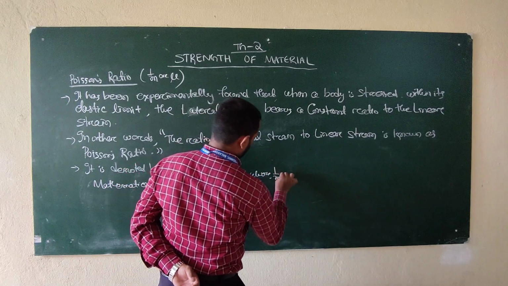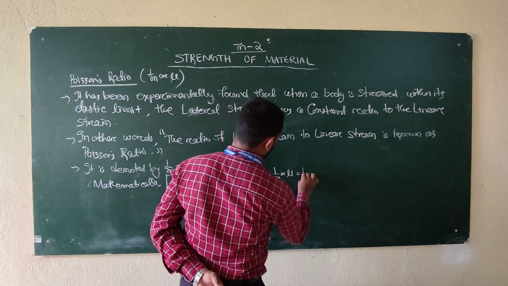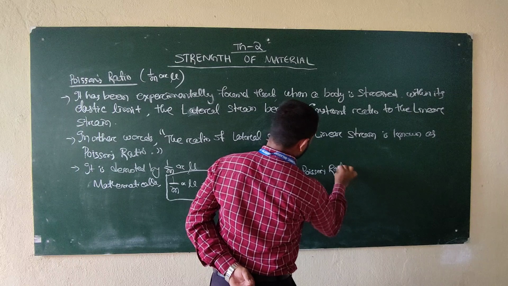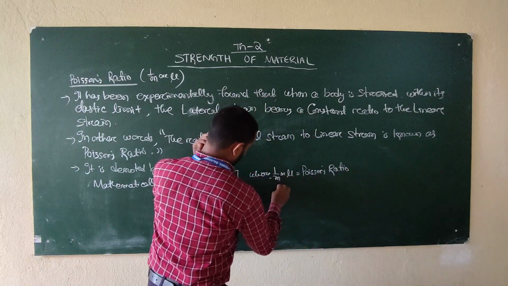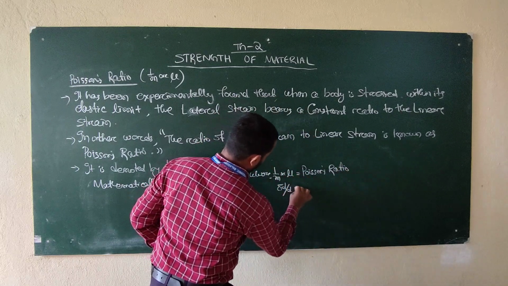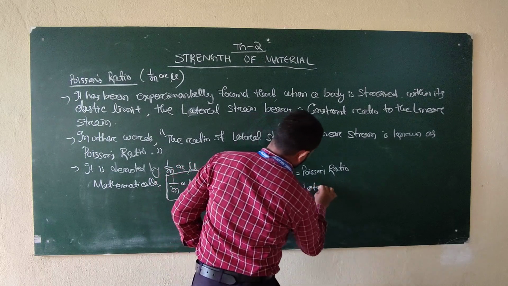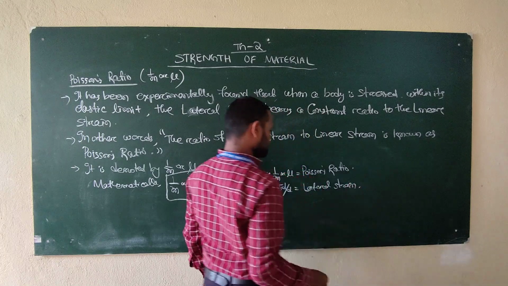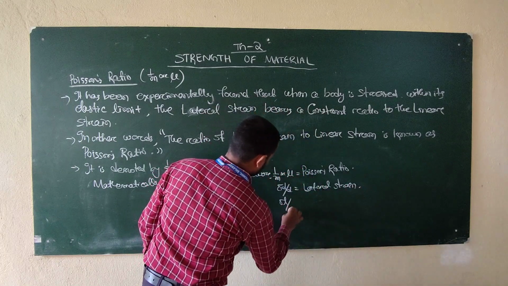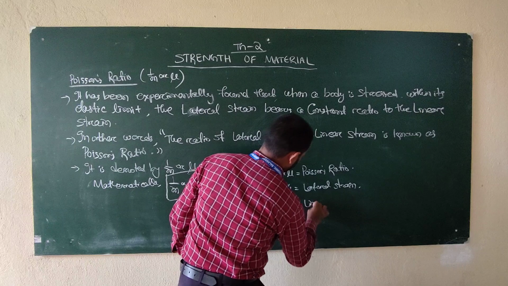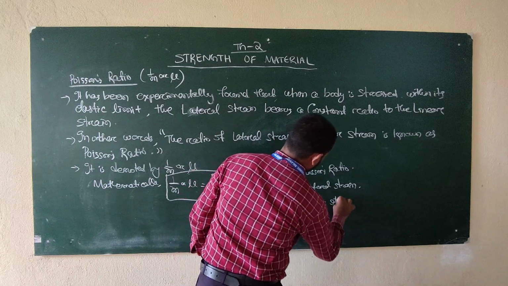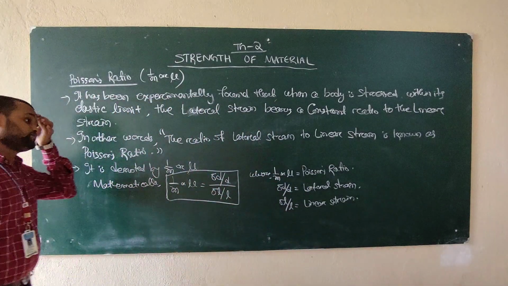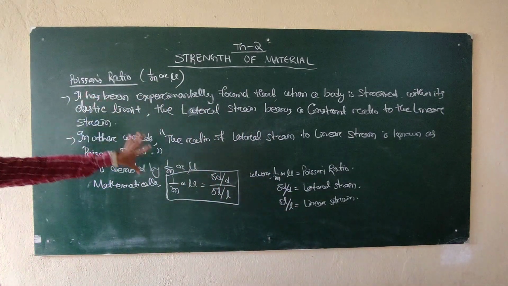Where 1 by m or mu, you know, is Poisson's ratio. Del d by d equal to lateral strain, we have studied earlier, and del L by L equal to linear strain, this also we have studied earlier. So this is the total Poisson's ratio.